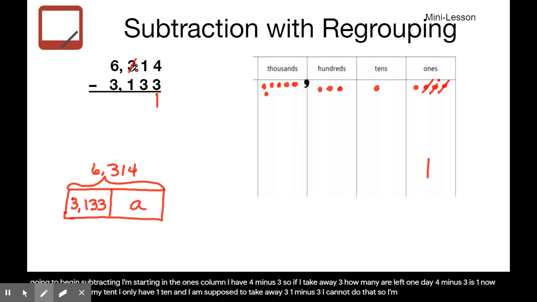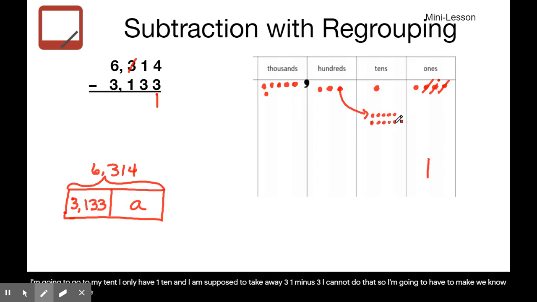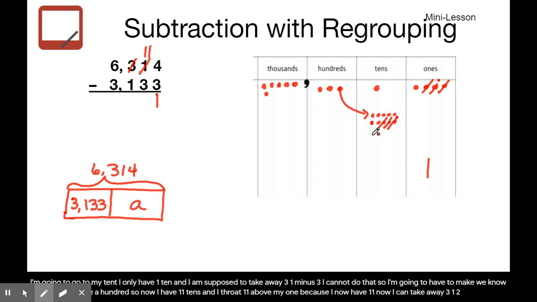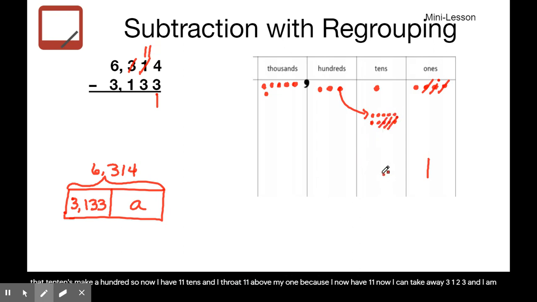So I'm going to have to decompose one of these hundreds, and we know that 10 tens make 100. So now I have 11 tens, and I wrote 11 above my 1 because I now have 11. Now I can take away 3. 1, 2, 3, and I am left with 8. 11 minus 3 is 8.